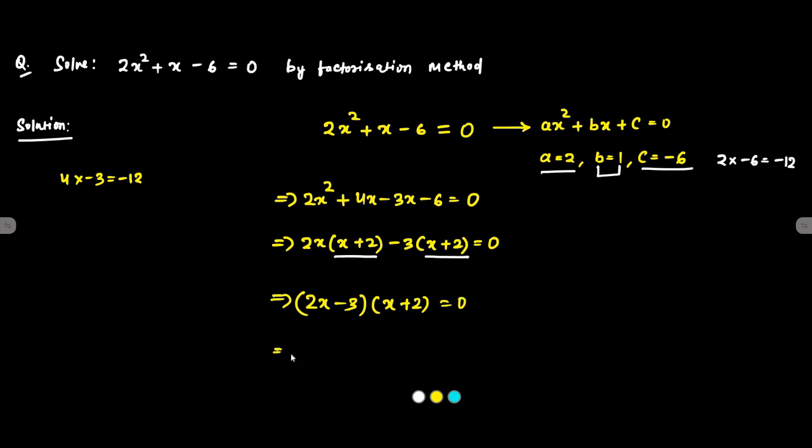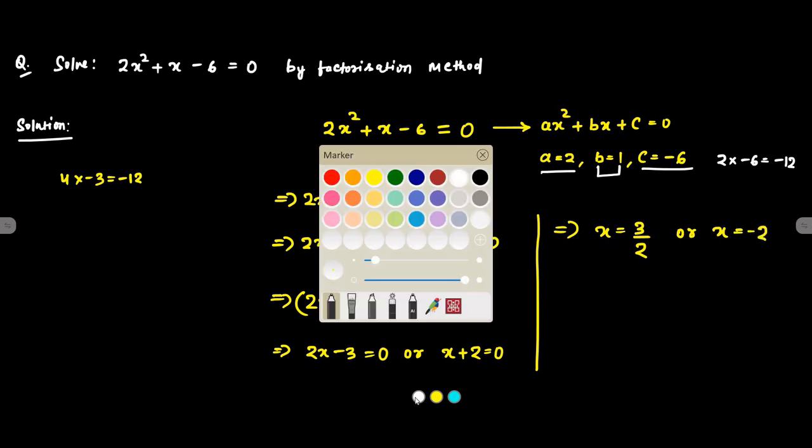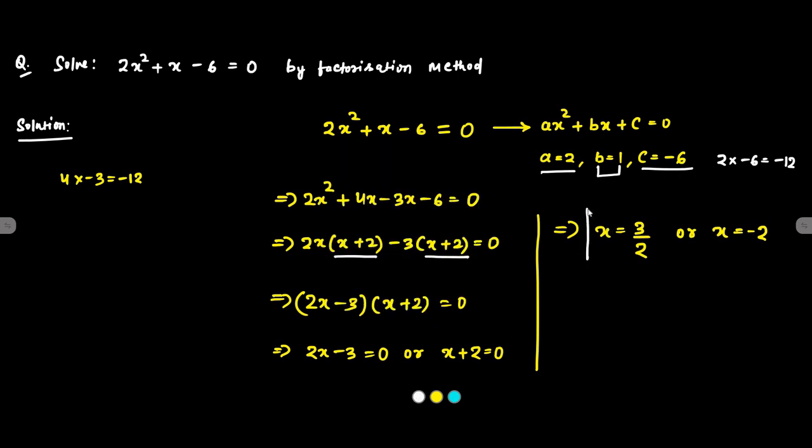So that implies 2x − 3 = 0, or x + 2 = 0. That implies x = 3/2, or x = −2. These are the two roots or solutions of the quadratic equation. Okay, x = 3/2 and x = −2.